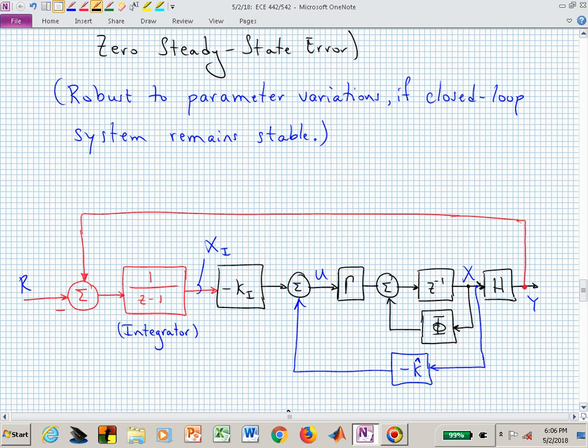Well, that's the output of this summing junction, which is the difference between where I am with my output y and where I wanted my output to go, the reference. That's y minus r. So I'm taking that error signal and integrating it, and then using that to help drive some of the input of my plant. The input of my plant is not only an integrator, but it's also a feedback of all of the state variables x.